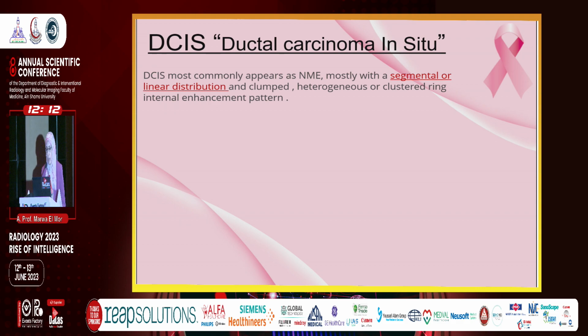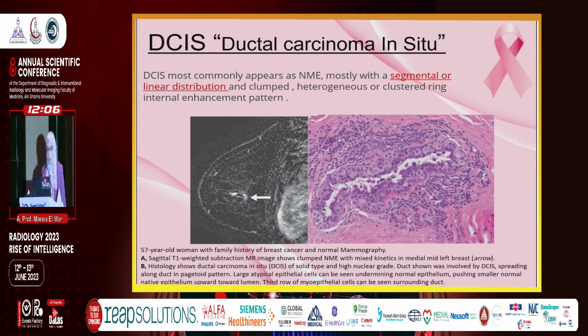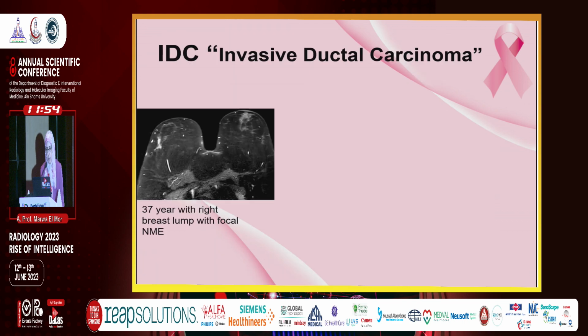According to the internal enhancement pattern, it can present as clumped, heterogeneous, or clustered ring internal enhancement. In this case, the arrow is pointing to a linear clumped enhancement, and this is the pathological specimen confirming DCIS.